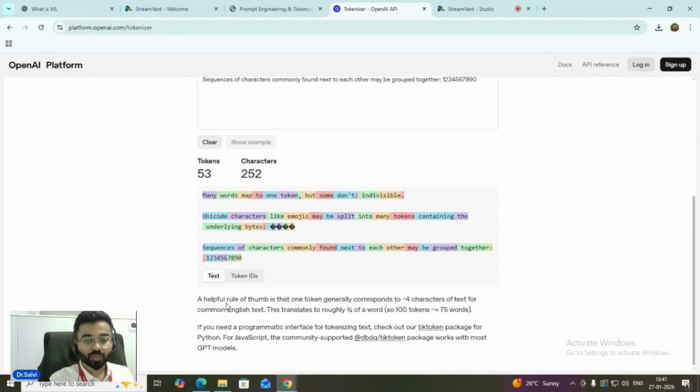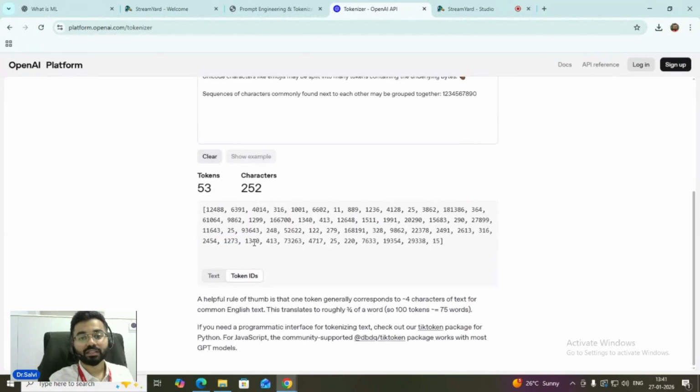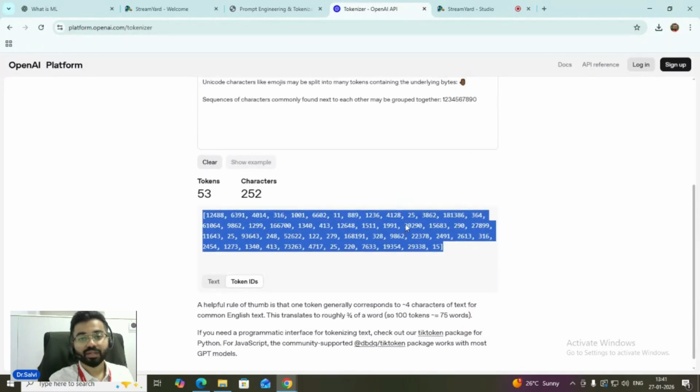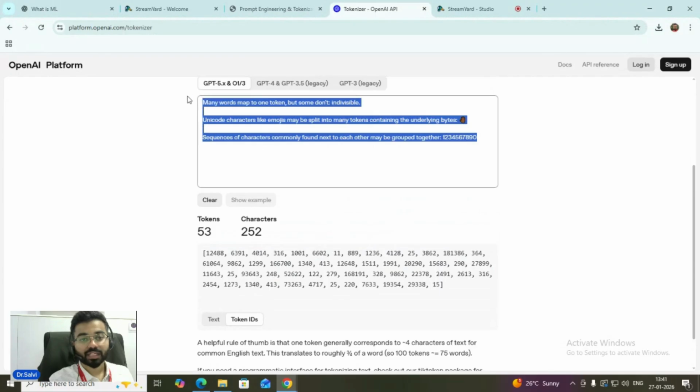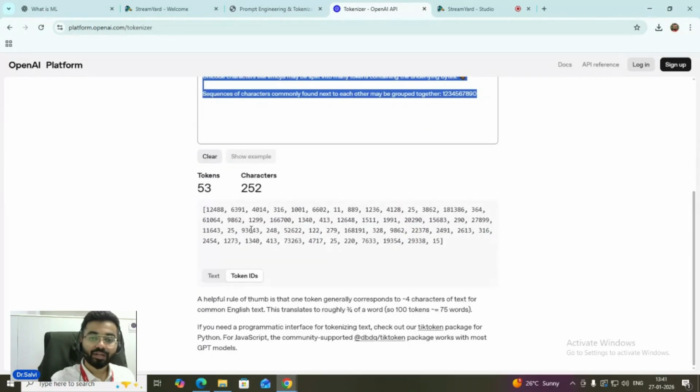Now if we switch to the token IDs, if you see, every piece over here is given a different token ID, and this token ID is going to be individual and very relevant to every word that we use in this case. And every word that we use roughly is going to translate into some particular calculations that are going to be done in the background.